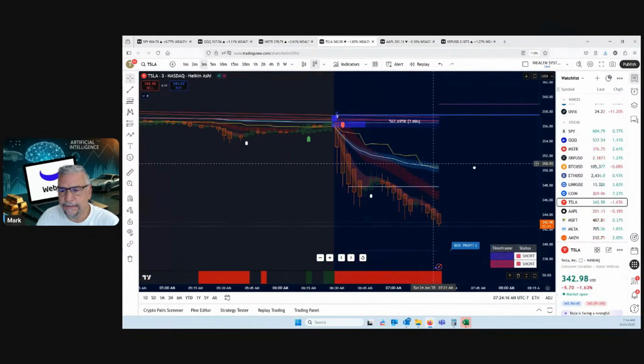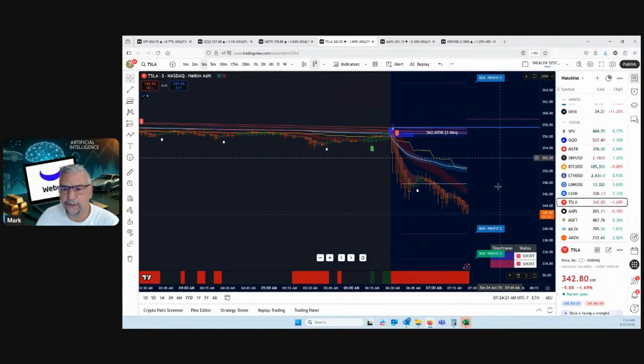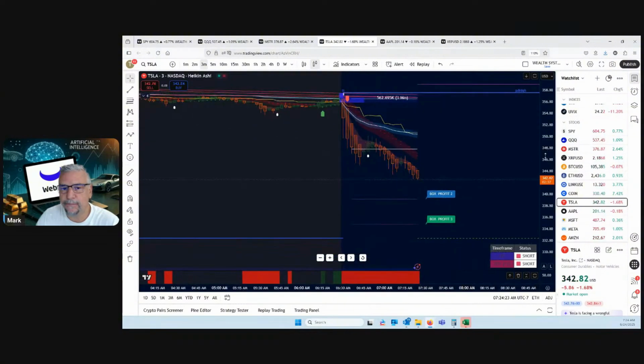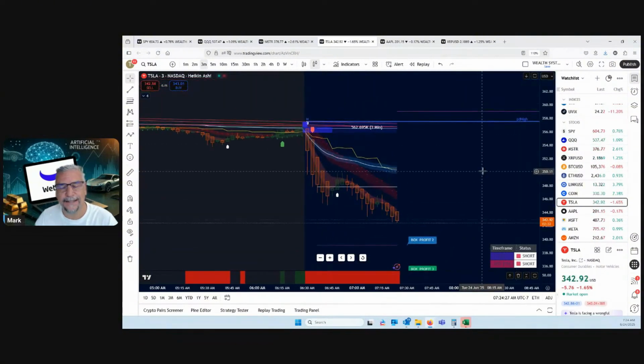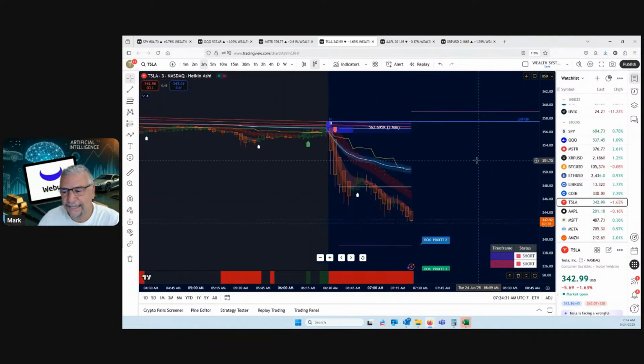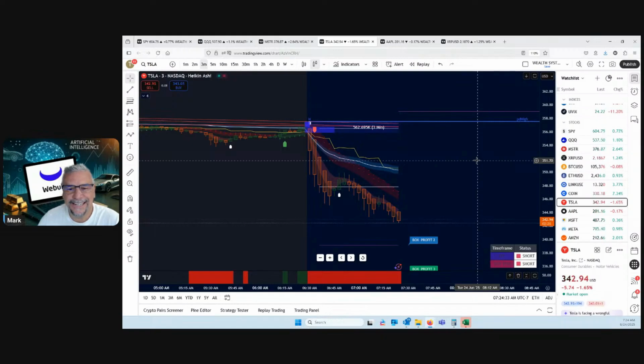Tesla's giving back some of the gains it got yesterday. I would imagine there's some profit taking. 10% jump is a pretty significant jump. They had their robo-taxi announcement yesterday, Austin, Texas. So that's going to be very interesting to see how successful that is. I know there's a lot of energy, a lot of momentum.